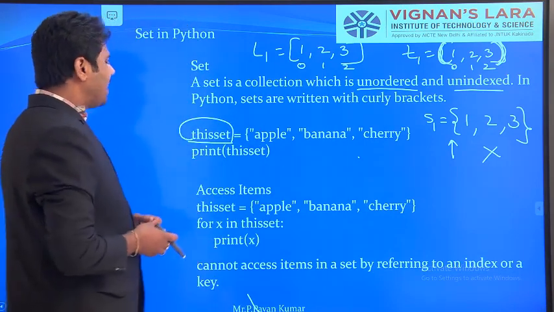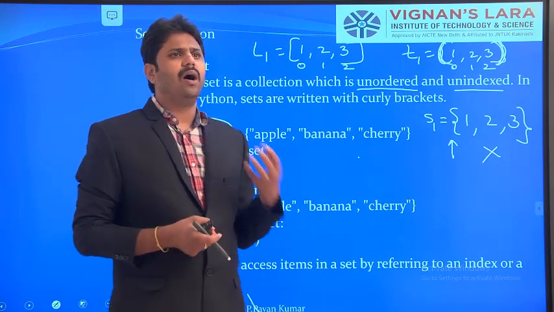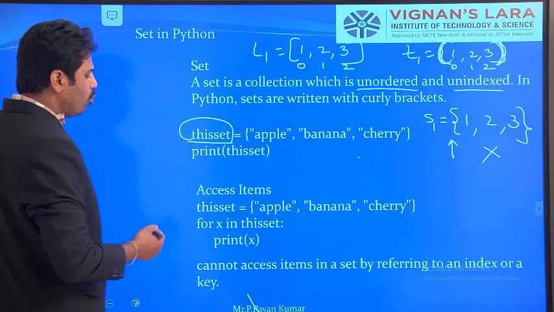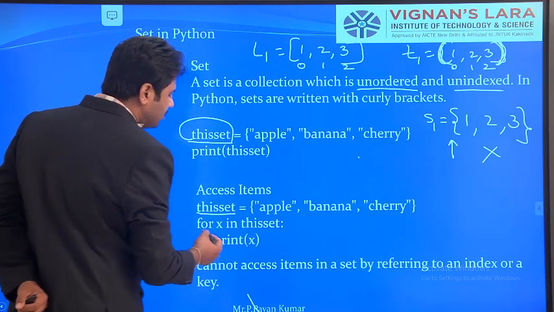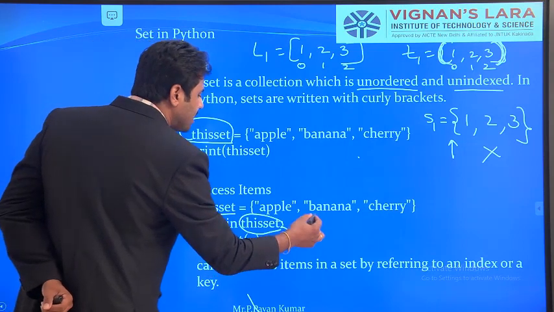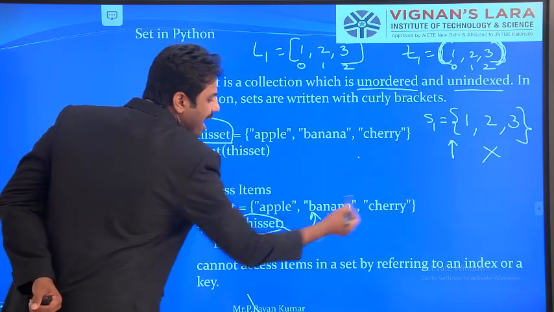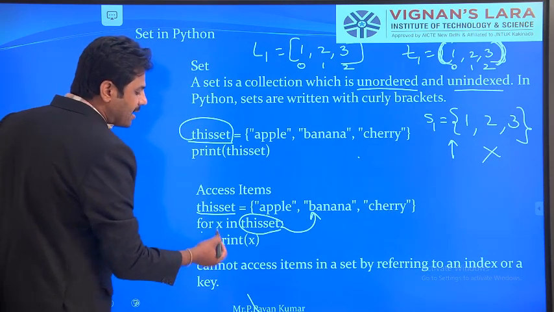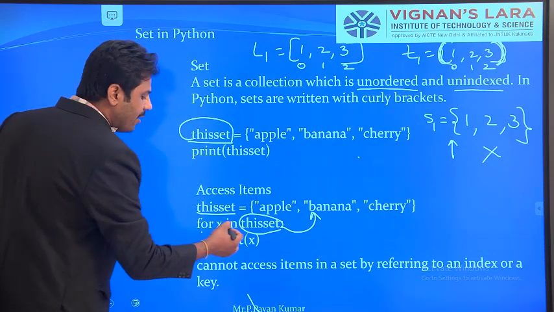Next, accessing items. Without indexing, how can you access items? For example, we have a for loop: for x in this set. This set is nothing but the set we have. For x in this set, print x. For the first time, what does x contain?